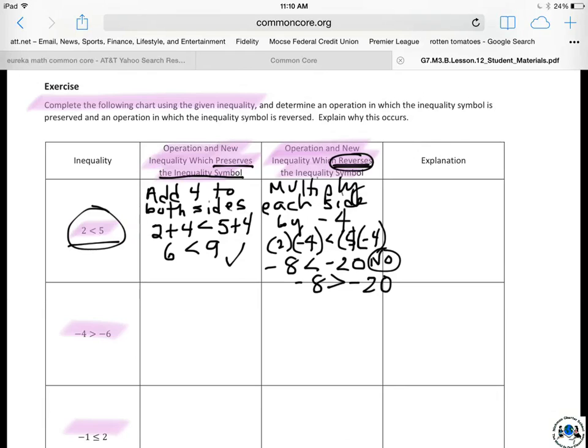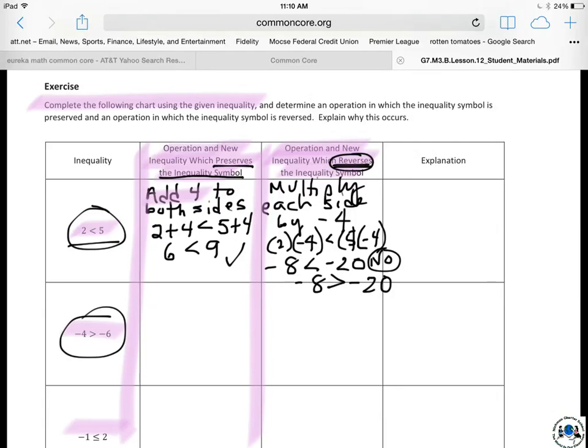So again, for the inequalities given, go ahead and apply, preserve in this column here. In this column you want to preserve the inequality. Adding is a good one. Subtracting is another good one. Or you can multiply by a positive number as well to preserve the inequality.